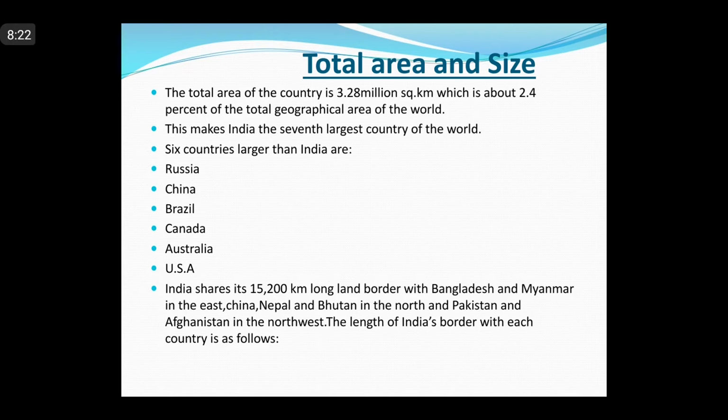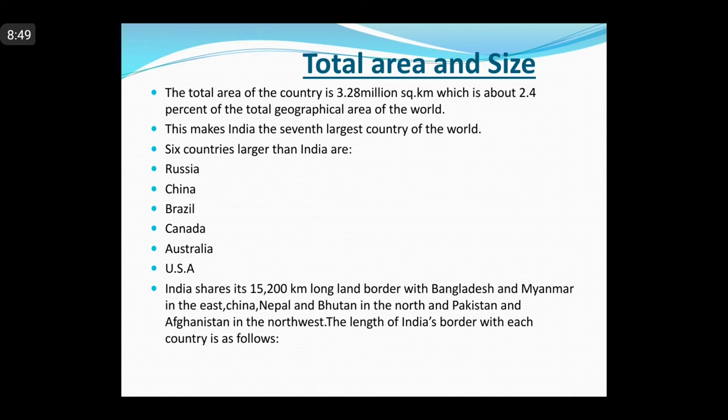I have discussed the countries larger than India, now let us look at the total coastline of India. Now let me tell you one very important thing: the mainland of India has a 6,100 kilometer coastline, which is its sea frontier. You should not get confused over here.